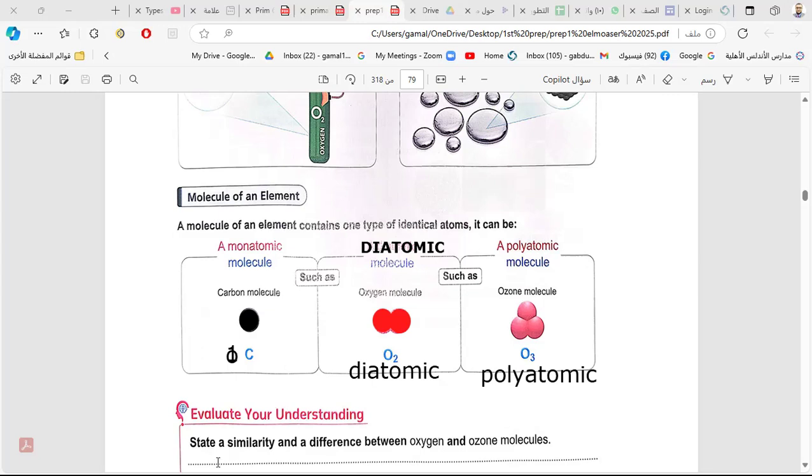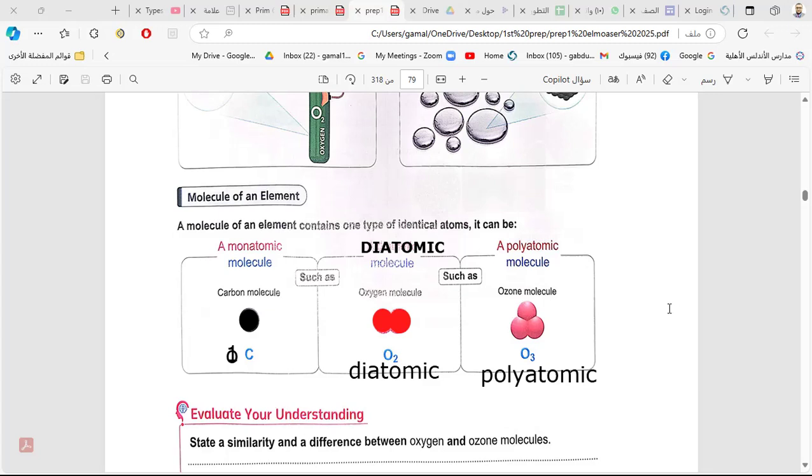So if I ask you a question, the similarity and the difference between oxygen and ozone, what is the similarity? The symbol of them is O. They have only oxygen atoms. They are made of oxygen atoms.